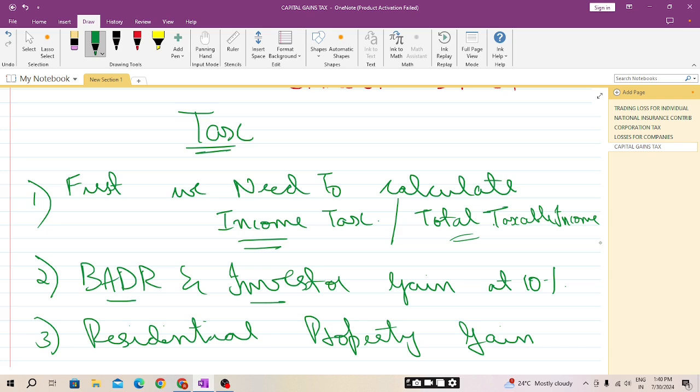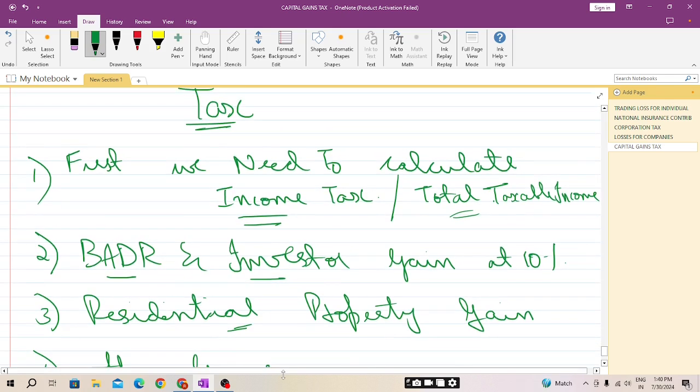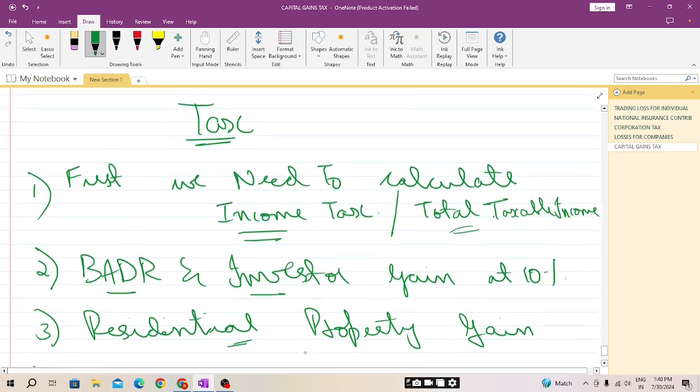That will consume your basic rate band. We will cover this in more detail in our next class. No issue, students. But after calculating this, you need to calculate the tax for residential property gain and other gains. I hope this is clear, students.